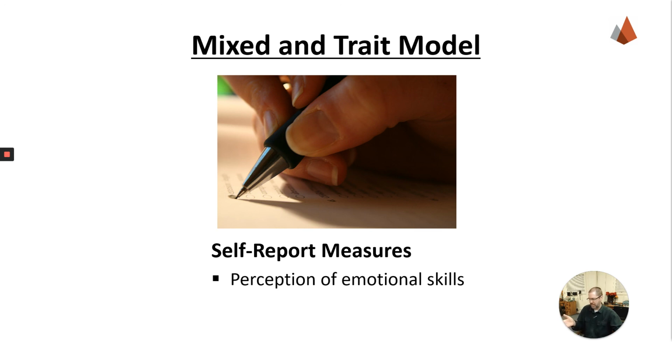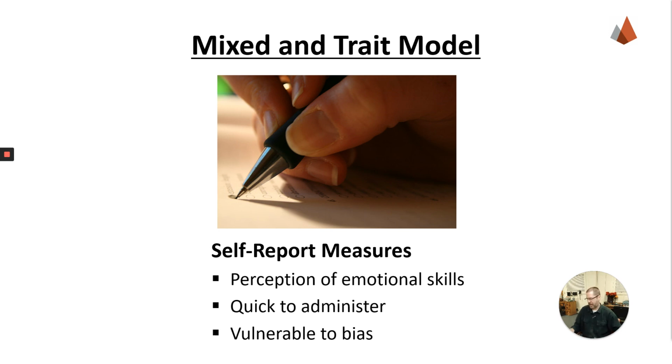Mixed and trait emotional intelligence models are evaluated through self-reporting. So you're either taking some type of test that says, yes, this is true of me, or not, or you're just perceiving it. It's very quick to administer, but it's vulnerable to bias, obviously, because it's just your own personal biases.